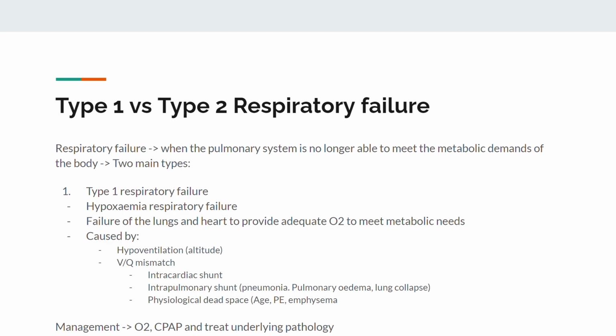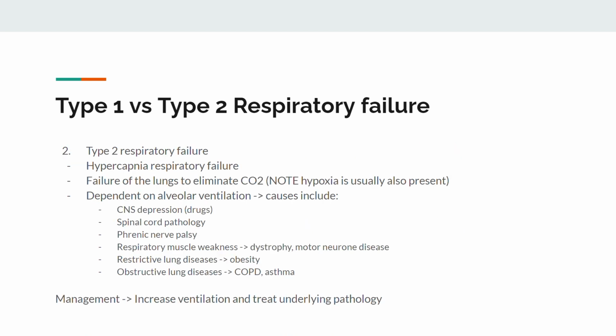I just want to flag here that you mostly learn about type 2 respiratory failure because it is a bit more common. However, it is still important to know how you differentiate type 1 and type 2. As I said, type 1 is hypoxemic respiratory failure, whereas type 2 is hypercapnic respiratory failure.